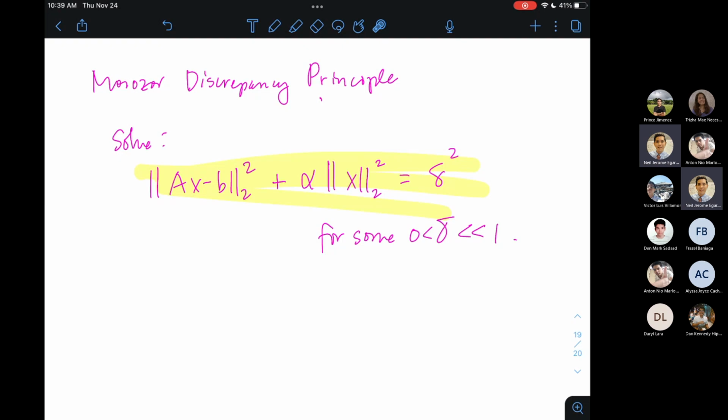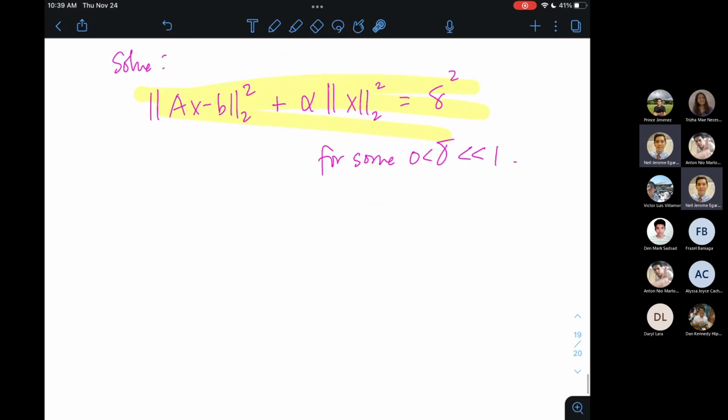Pero dun sa mga nag-175 na, tandaan niyo pa ba yung mga methods paano natin sinolve yung mga nonlinear equations? Which gives me an idea now. Siguro sa 175 next semester, ang isang problem sa problem set sa chapter na yon ay isolve itong optimization problem na to. Itong Morozov equation na to.